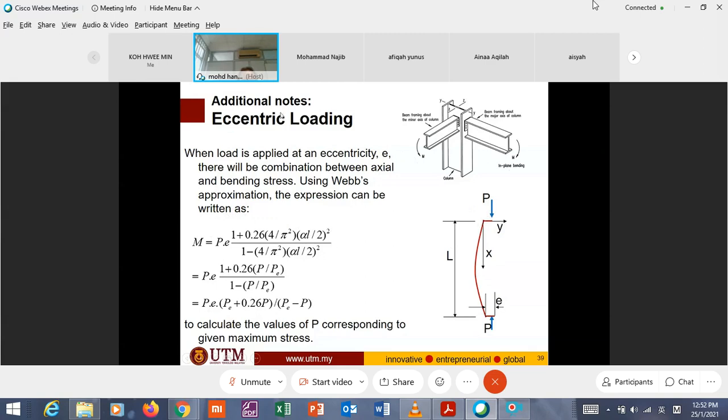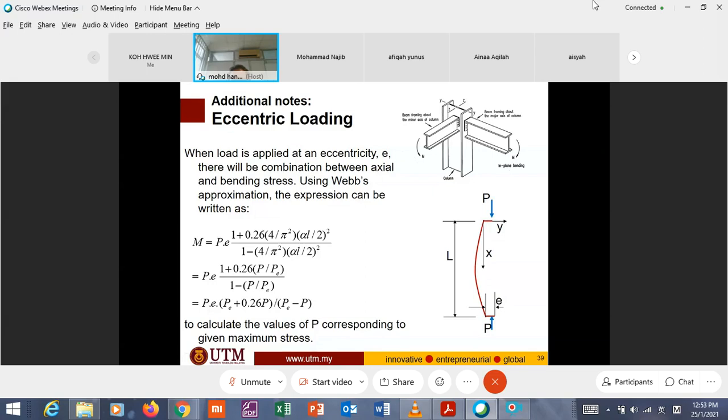This is just for information, and you will come across this kind of condition next year in steel design. This is the formula given by one of the researchers, Webb's approximation. If you use this formula, you'll find that the critical value is less than the case of axial load.